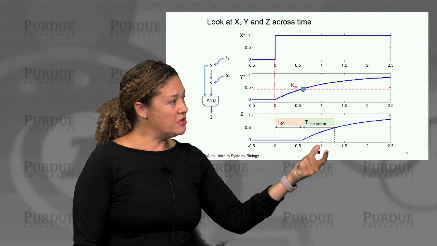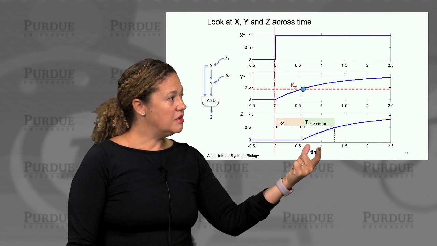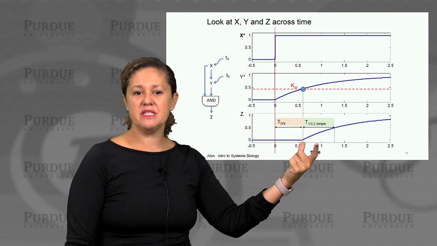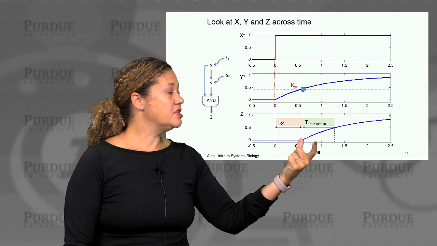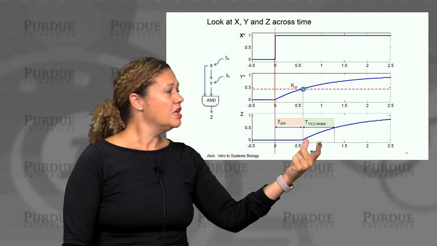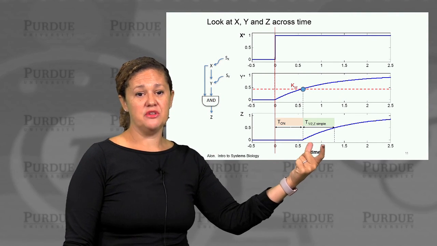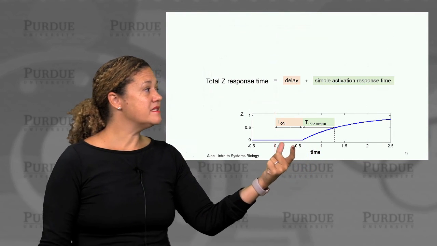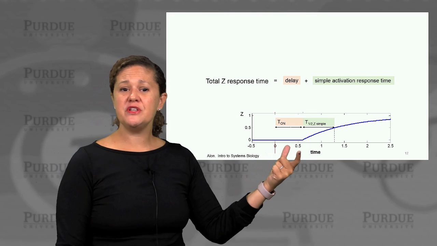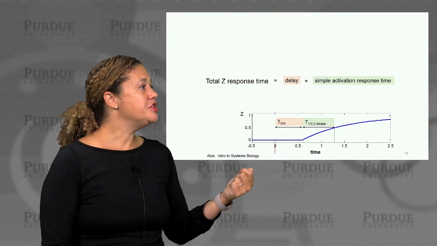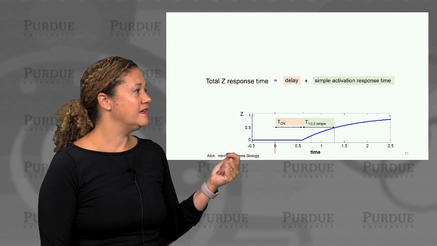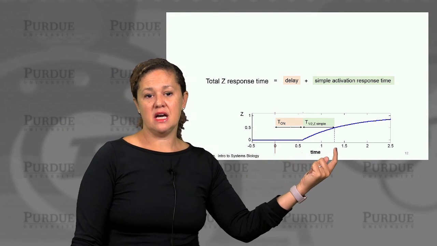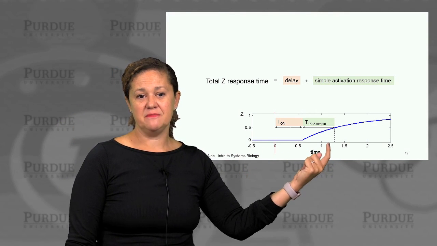Our simple response time will be this time window here, the time that it takes Z to reach half its steady state value from the time it actually comes on. But if we consider the response time for the entire system, the total response time for Z is now the delay plus that time for simple activation.